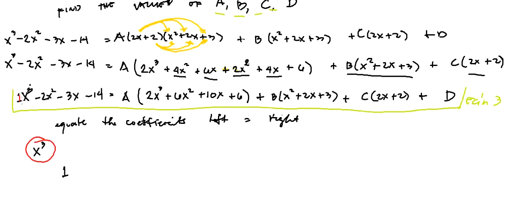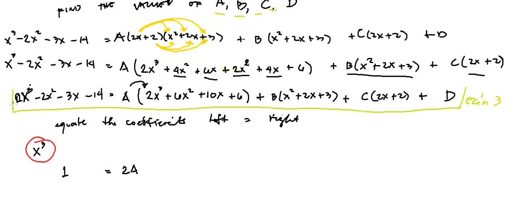Since it's a constant, multiplied by this x cubed is 1. Then on the right side, what are the x cubed terms? We have this 2x cubed here, but it is multiplied by a, so we have 2a, right? We have 2a x cubed, so we have 2a.